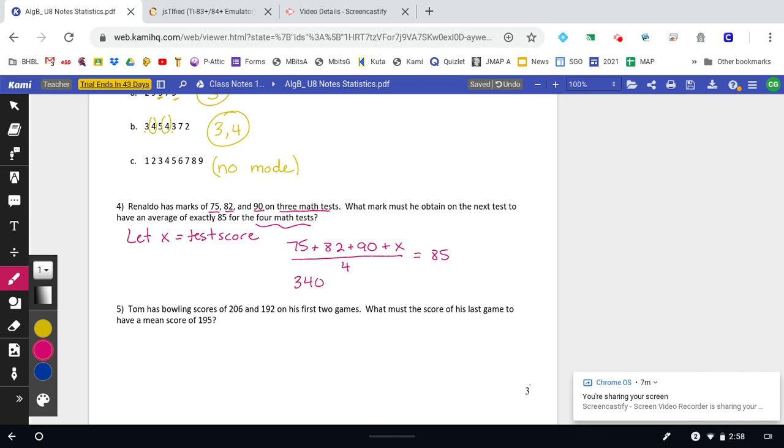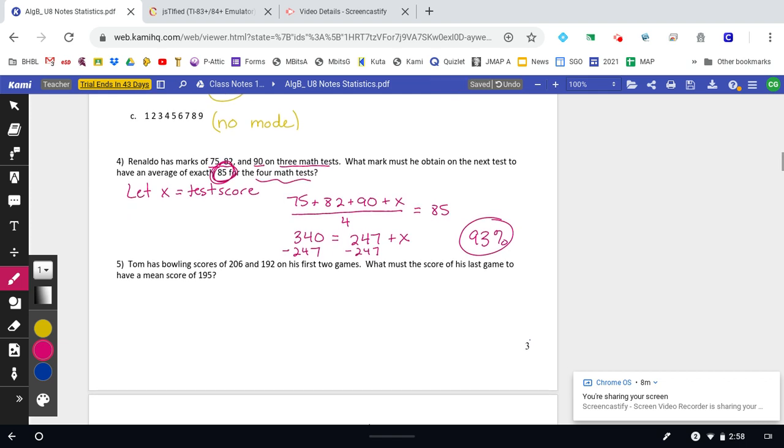So 340 equals, now let's add these up. 75, 82, and 90 is 247 plus x. Let's subtract this 247. We get 93. So he needs a 93 if he wants an 85 average for the four tests.